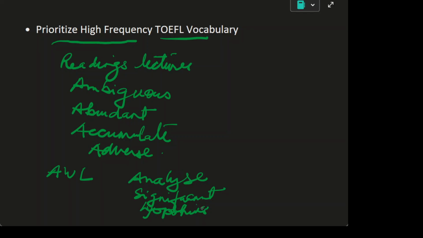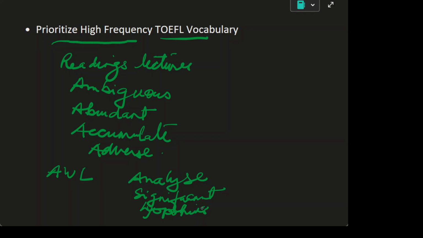So when you familiarize yourself with TOEFL specific vocabulary, it also helps you to learn terms which are frequently used in the reading and listening section. For example, phenomenon, precede. When you know the different vocabulary words used in the exam, then it becomes easy for you to tackle the particular section.